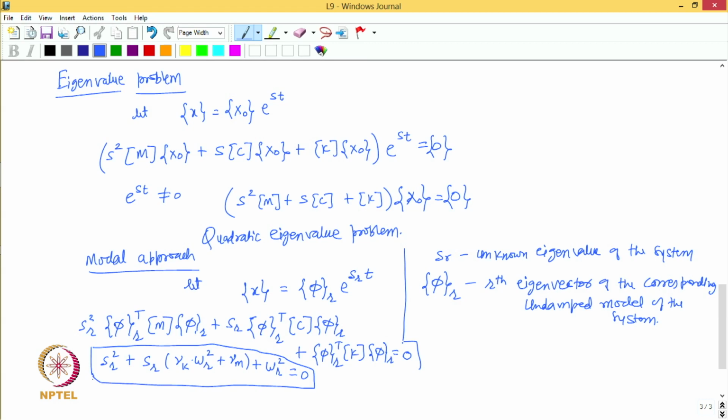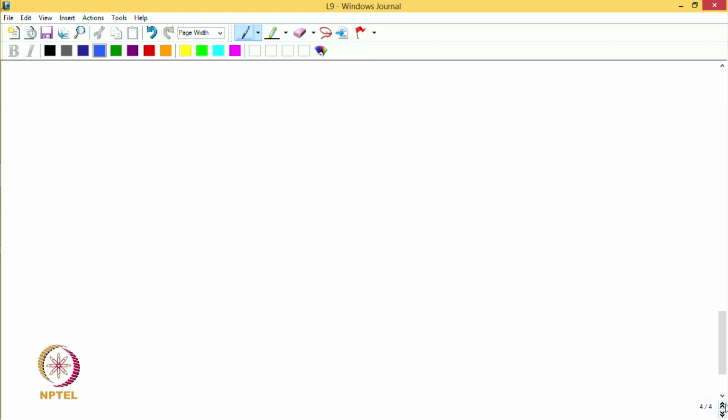Let us go to the next page and further look at this equation. The equation we have obtained is s r square plus s r (nu k omega r square plus nu m) plus omega r square.